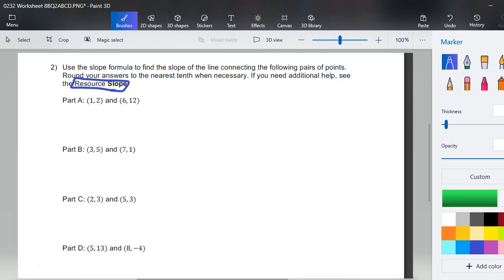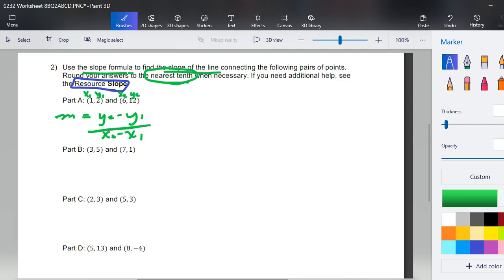It does say to use the formula to find the slope of the line that connects the following pairs of points. Round your answers to the nearest tenth when necessary. I highly encourage you to always write down the complete slope formula. I highly encourage you to label your points.